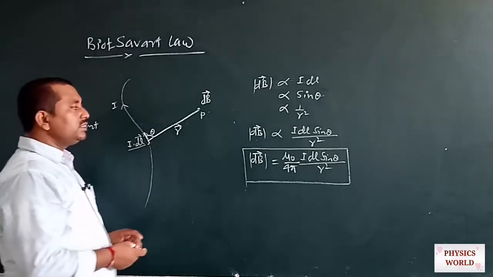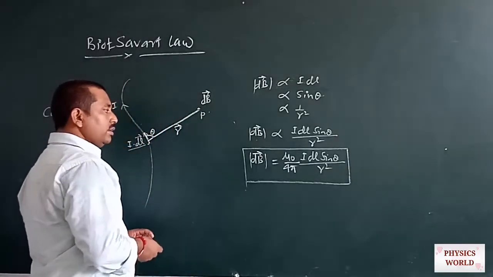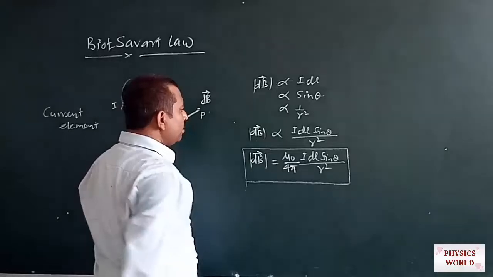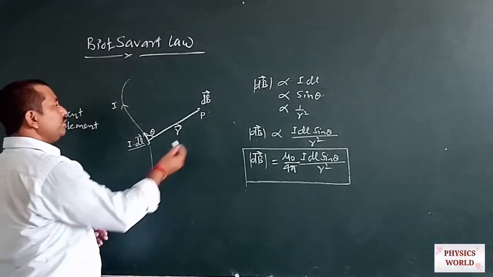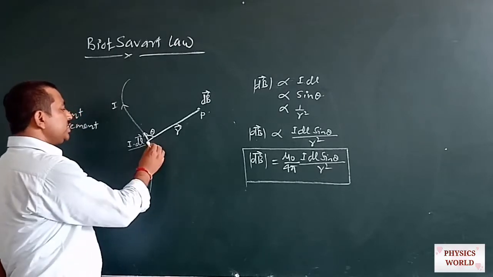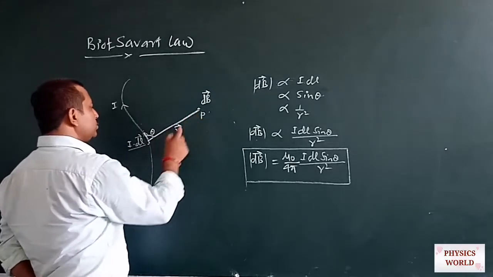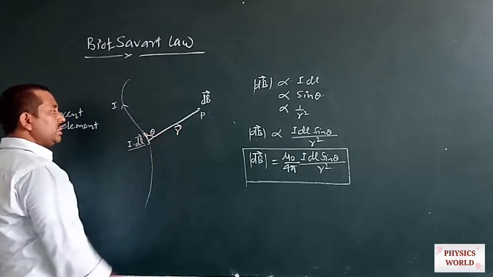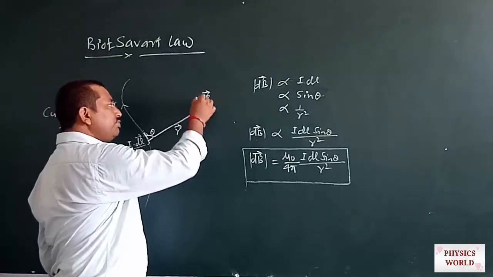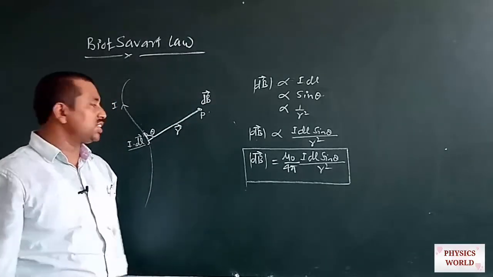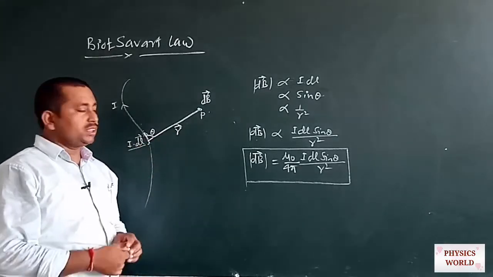If you want to write this law in vector form, we have to place it in the form of a cross product of two different vectors, because there are two vectors: one is the current element, which is a vector quantity, and the other is the position vector. So the magnetic field is well expressed in the form of the cross product of the current element and the position vector.